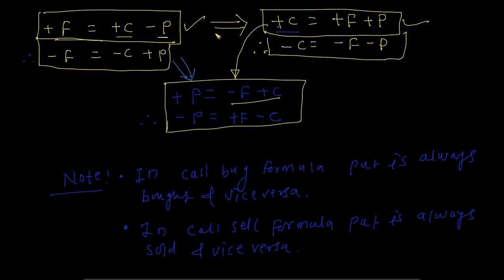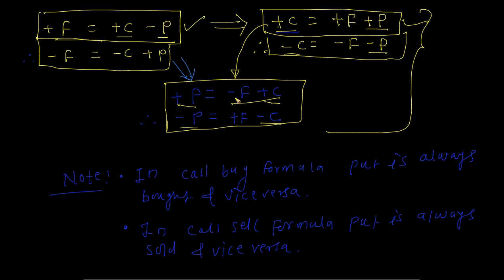But if you don't want to do that, if you see in these equations, especially in these two equations: in the formula for call buy, I have put buy. In the formula for call sell, I have put sell. In the formula for put buy, I have call buy. In the formula for put sell, I have call sell.